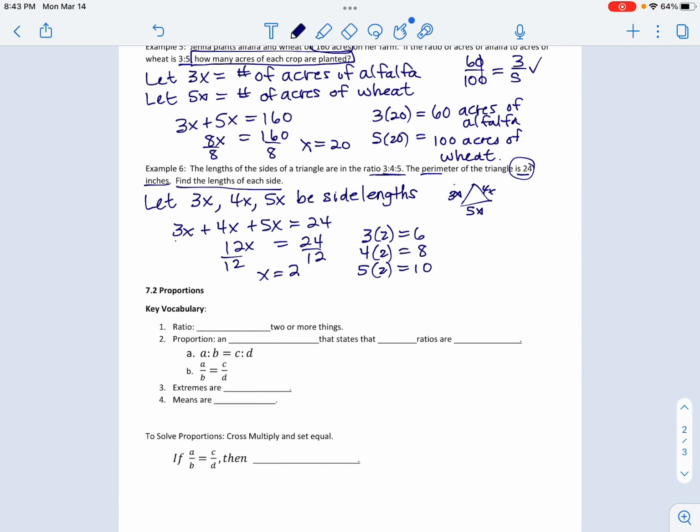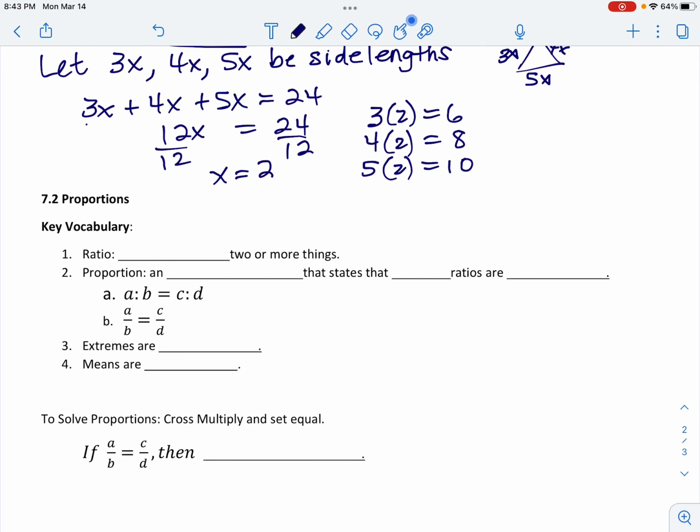All right, proportions, something that we have looked at and talked about before. A ratio compares two or more things. A proportion is an equation that states that two ratios are equal.